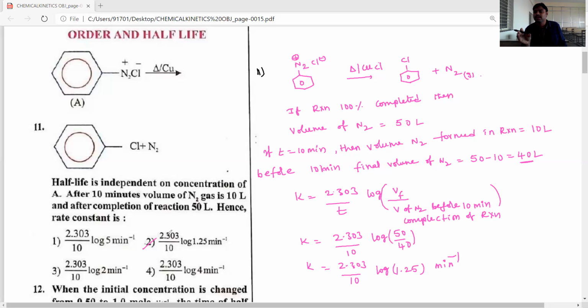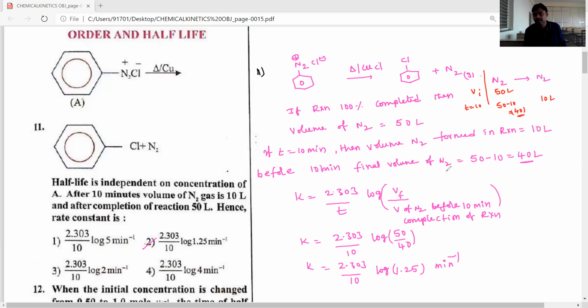At 10 minutes time, how much volume of N2 forms? 10 liters. But it takes the remaining 50 minutes to completely convert into 50 liters. You have to consider it like this: the initial volume is 50 liters, at t equal to 10 minutes 10 liters is formed. Now how much volume is left? 50 minus 10 is equal to 40.